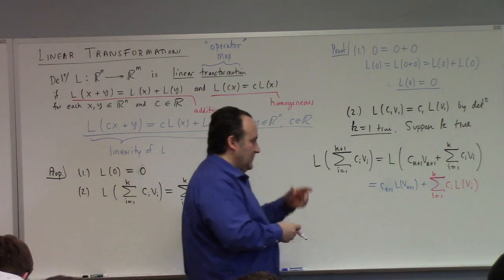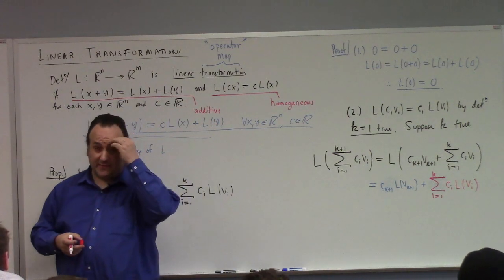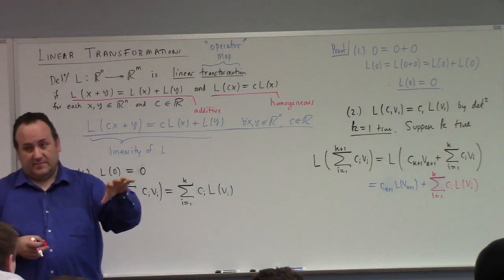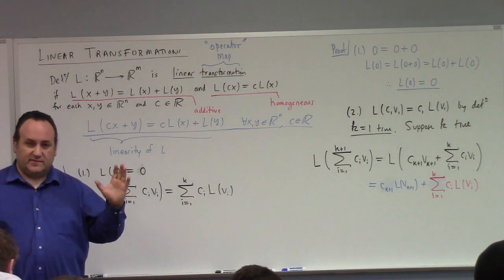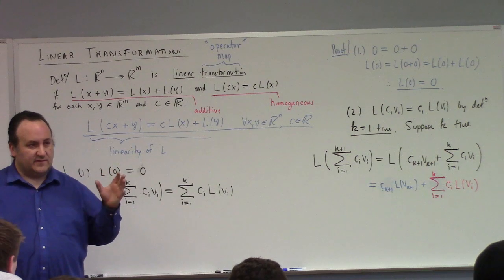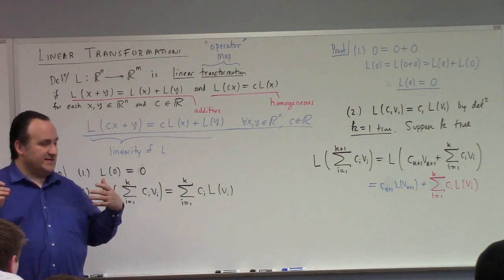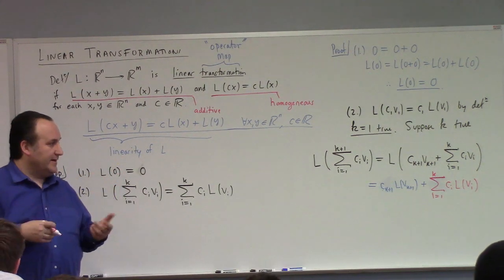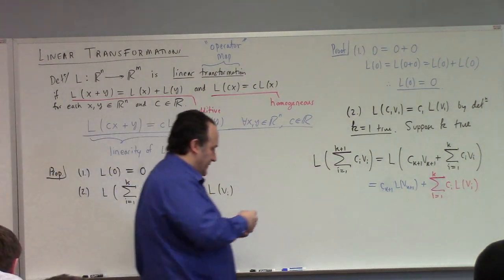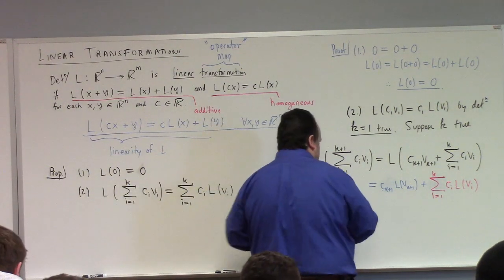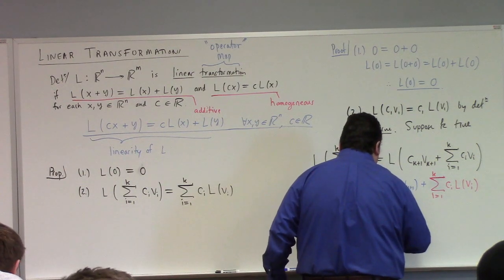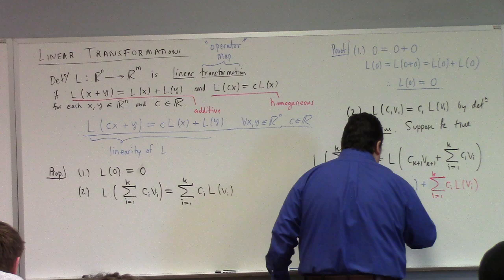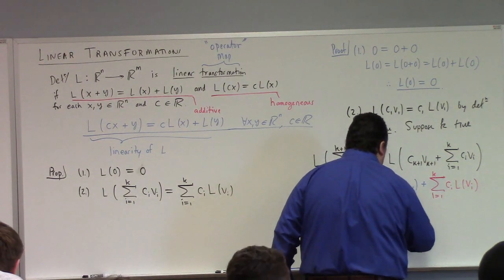So going from the black to the red part is the induction hypothesis. The fact that I can break the addition of the two things into L of two things, that is the definition of linearity. And then finishing below here, this is the sum i equals 1 to K plus 1 of Ci L of Vi.